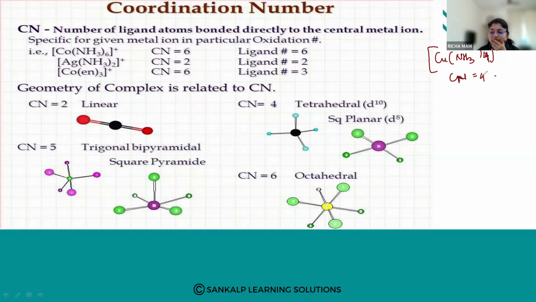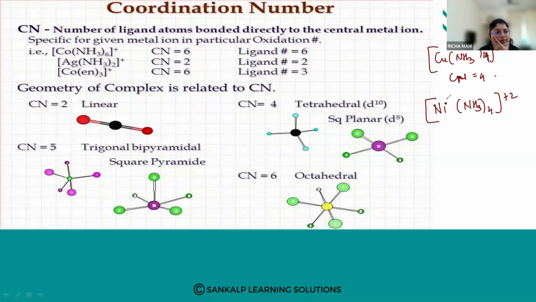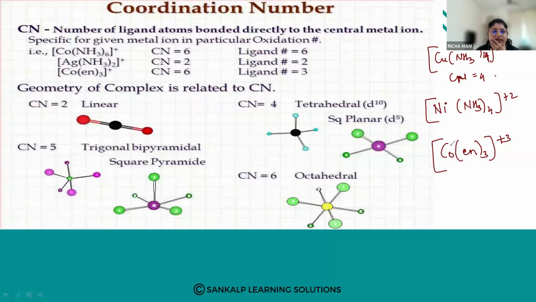It is 4. Very good. Next one. What is the coordination number? 4. Yes. Then the Co complex with ethylene diamine. Think and tell.